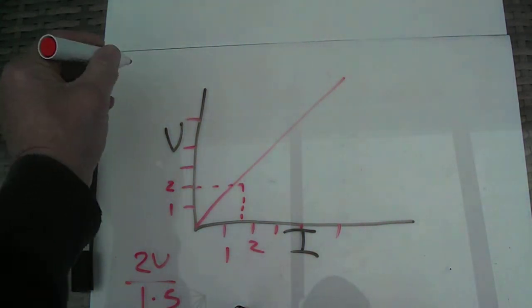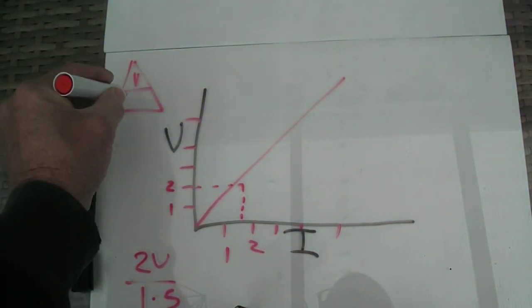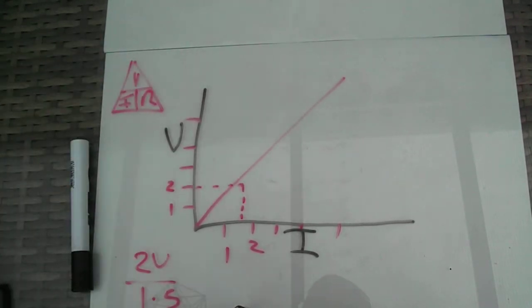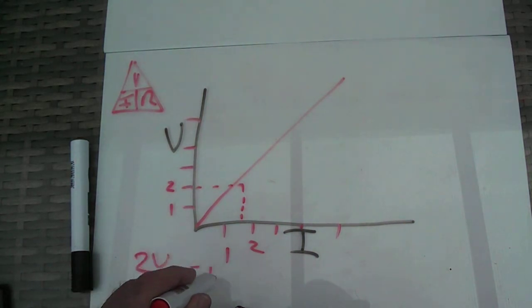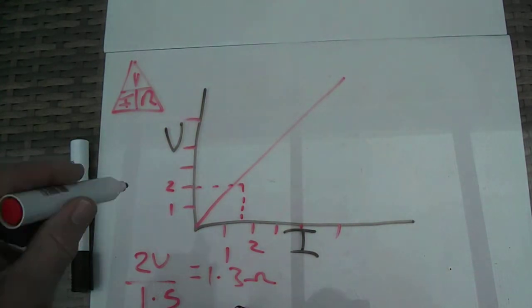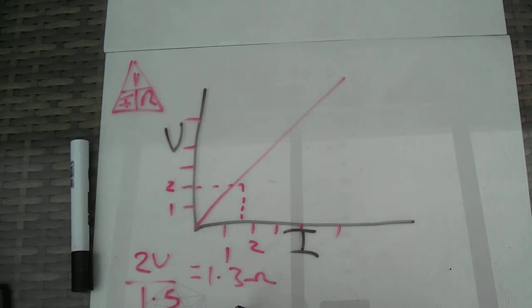And we know from Ohm's law, and the triangle that we did last week, V, I and R. I'm trying to find R, so V divided by I equals R. So 2 divided by 1.5 is 1.3 ohms. So we know the value of this resistor is 1.3 ohms.